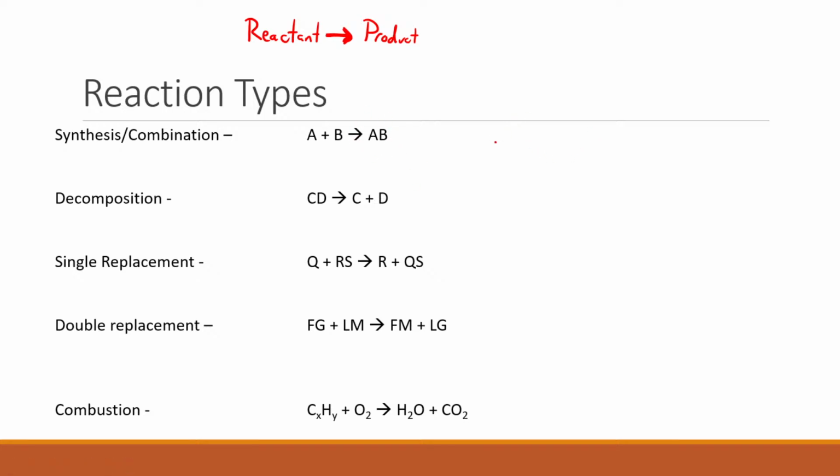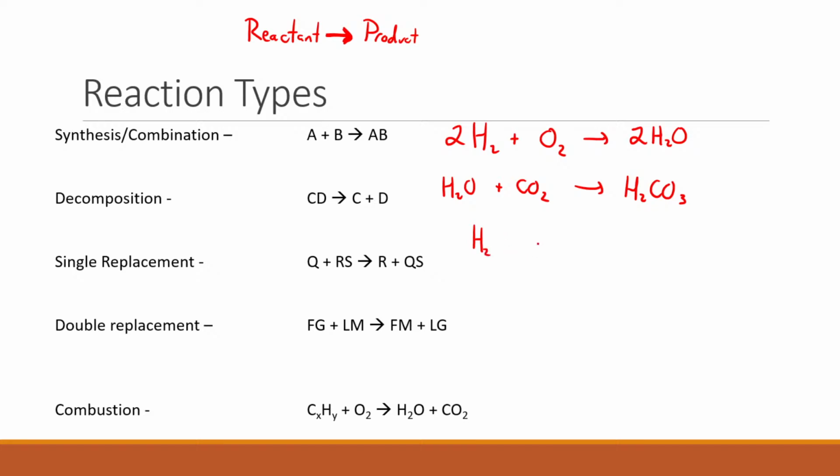That can mean two elements come together to make one compound. It can mean two compounds come together to make a bigger compound. It can mean an element and a compound come together to make a compound.